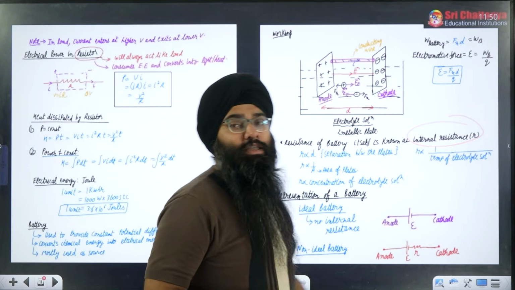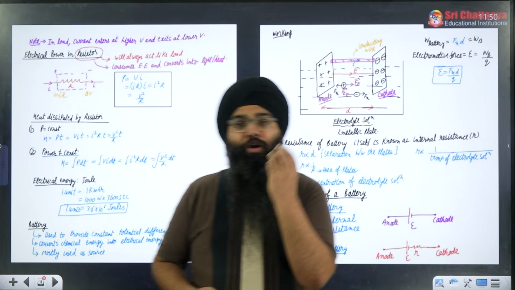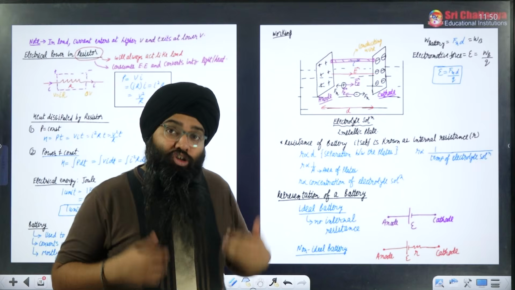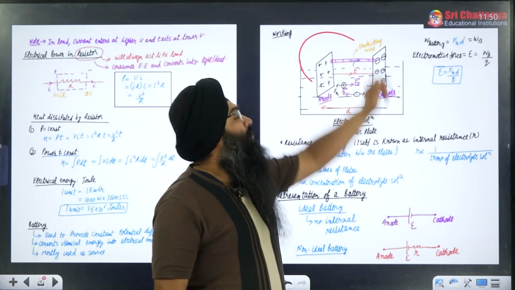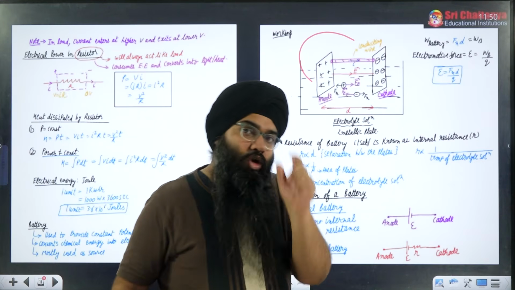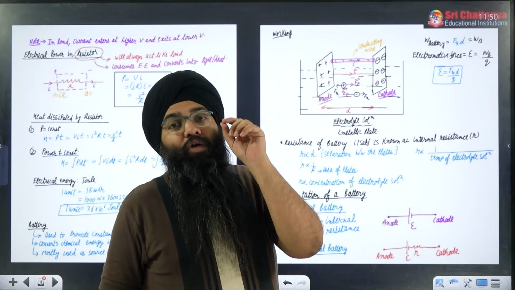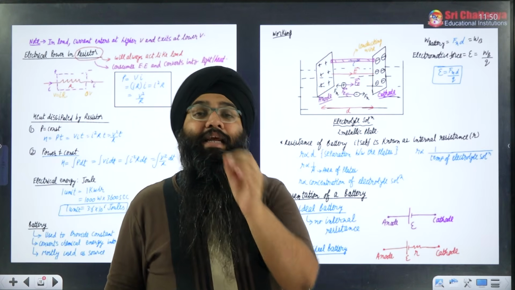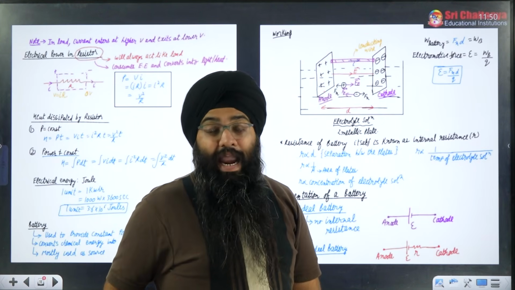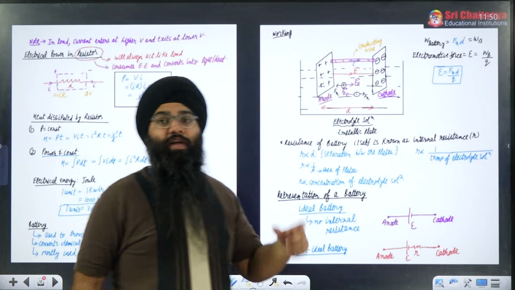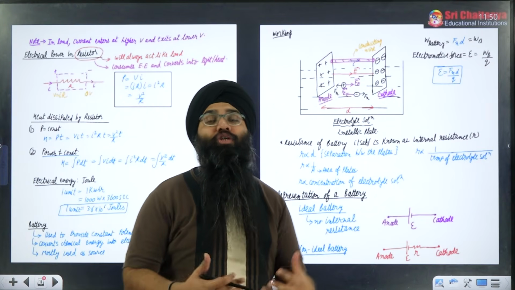Because of this internal resistance, there will be some potential drop across it. That is why in an actual scenario, when the battery is connected to some external circuit, the potential difference across the terminals of the battery will be slightly lesser than the EMF of the battery, and that potential difference is called the terminal voltage of the cell.